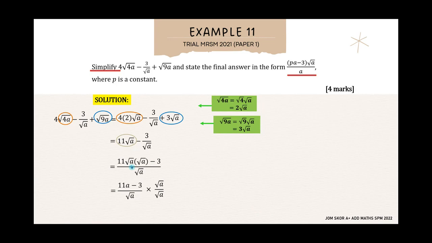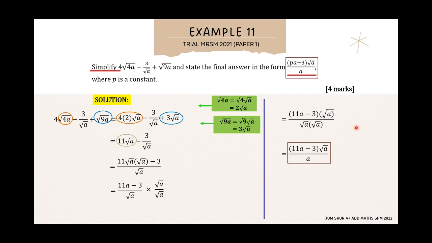Okay? Right. So kita simplify. Saya akan dapat 11a minus 3 darabkan dengan square root of a untuk denominator square root of a times square root of a. Okay. Right. Square root of a times square root of a boleh simplify tak? Square root darab square root akan dapat nilai asal.